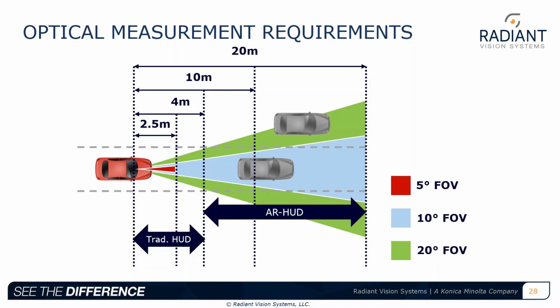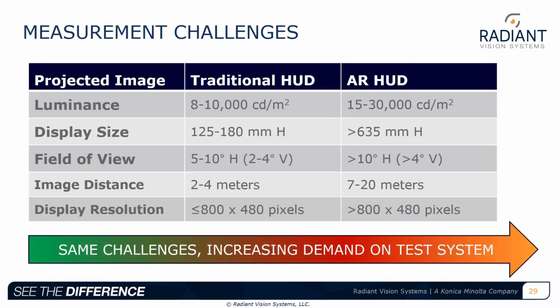So resolution becomes extremely important on a measurement system's requirement side, as well as being able to characterize information at different working distances and in larger depths of field. If we break down traditional head-up displays and augmented reality HUDs, we can look at them very quickly in this measurement challenge screen. From a luminance draw, the maximum luminance output generally is about 10,000 candelas per meter squared.